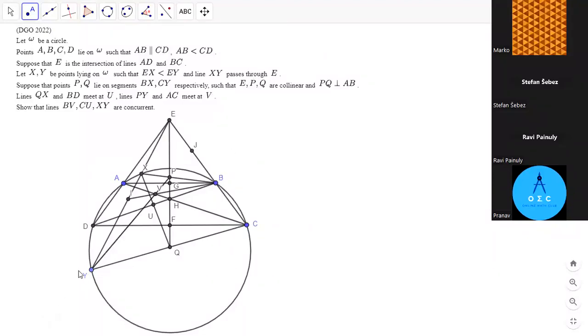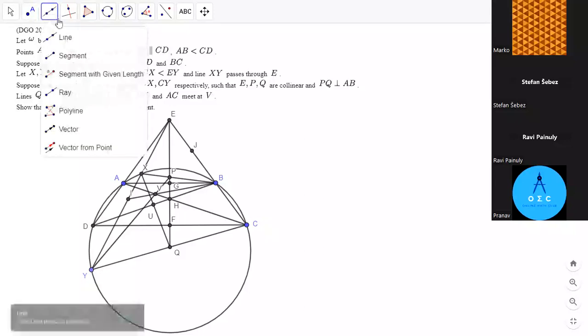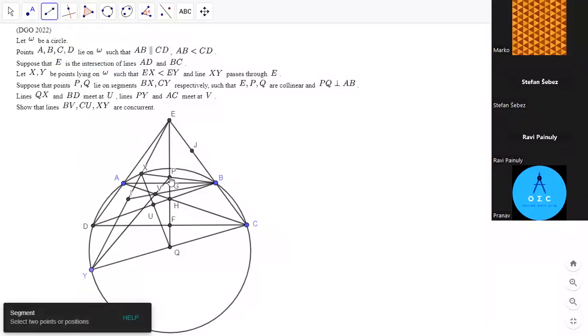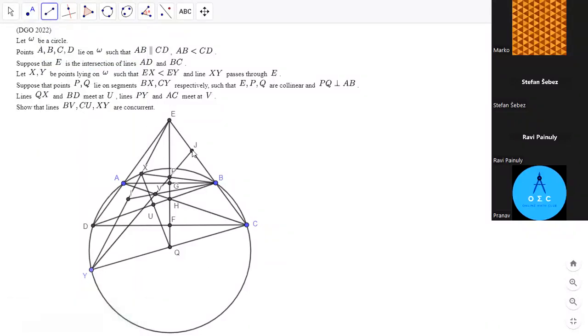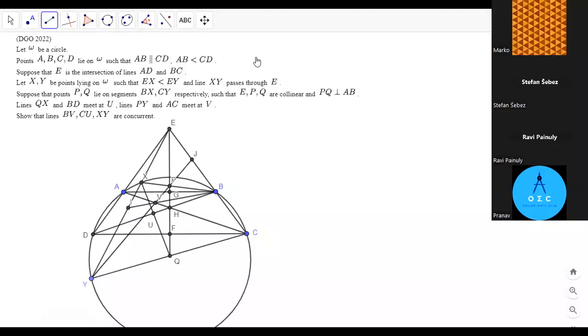So that's JPVY. Okay. Even projecting onto the circle would make sense. Yeah, actually, I kind of like that idea.